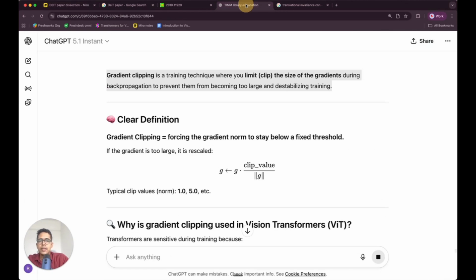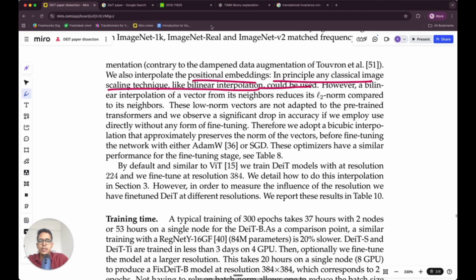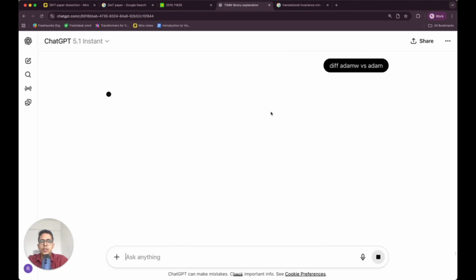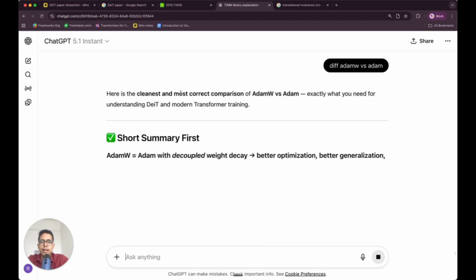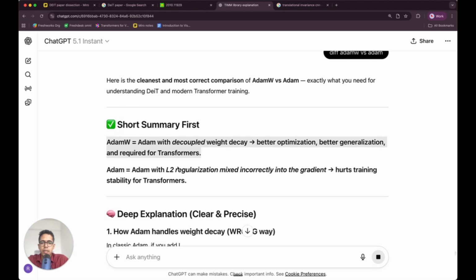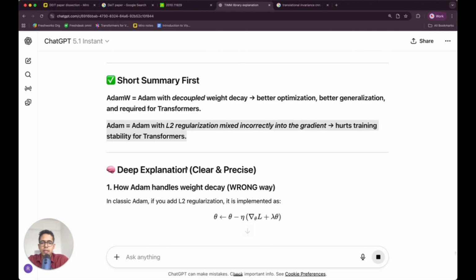And one thing is AdamW. They say AdamW with SGD or no SGD. In Adam, we know that we have adaptive moment and adaptive learning rate. Difference between AdamW and Adam: in Adam, there is adaptive moment and learning rate scaling, but AdamW has decoupled weight decay, better optimization, compared to Adam with L2 regularization.